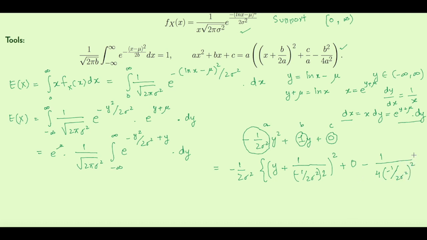This looks messy, but I think it will be easy to evaluate. This is equal to minus 1 over 2 sigma squared, times y, and this 2 cancels out with this 2, so minus 1 over sigma squared, so y minus sigma squared.